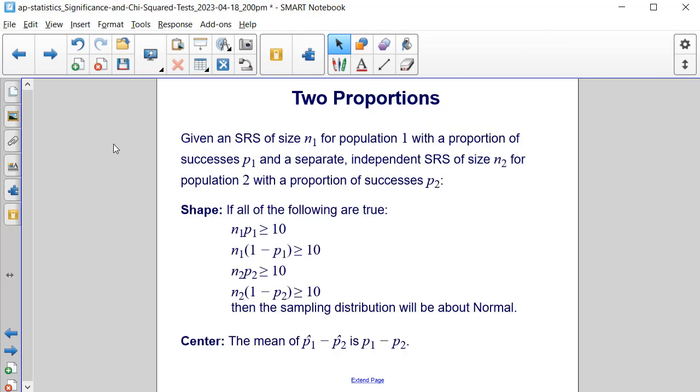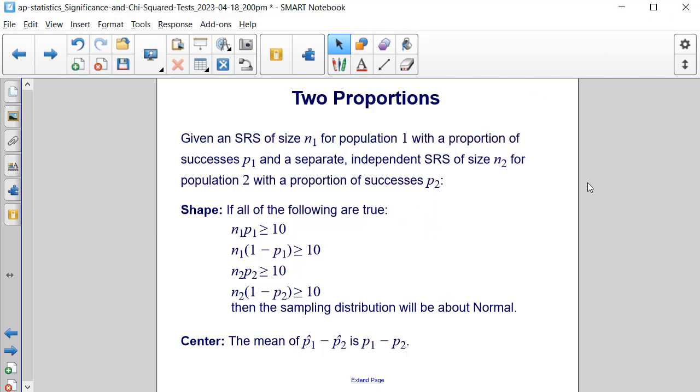Given an SRS, or a simple random sample, of size N1 for population 1, with a proportion of successes having a value of P1, and a separate independent simple random sample, or SRS, of size N2 for population 2 with a proportion of successes P2.